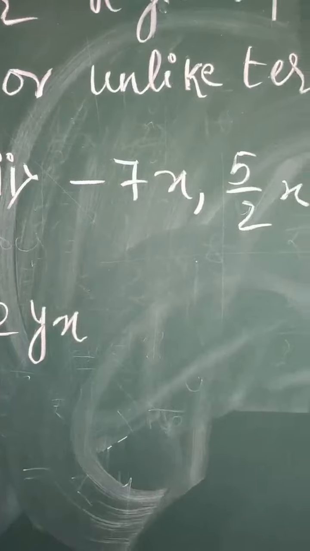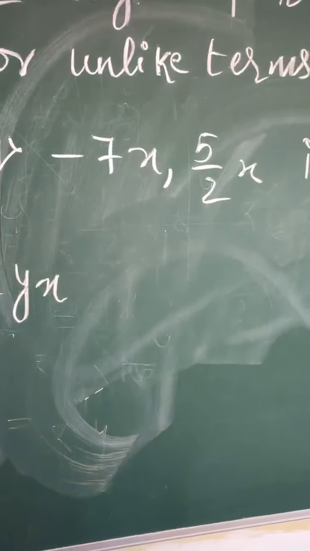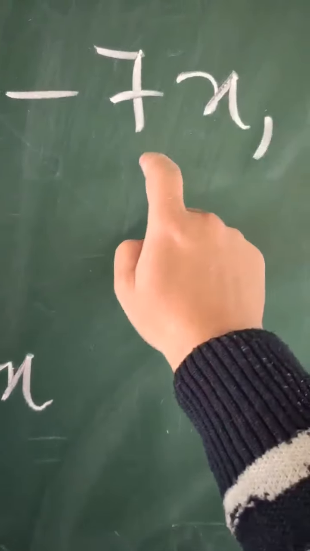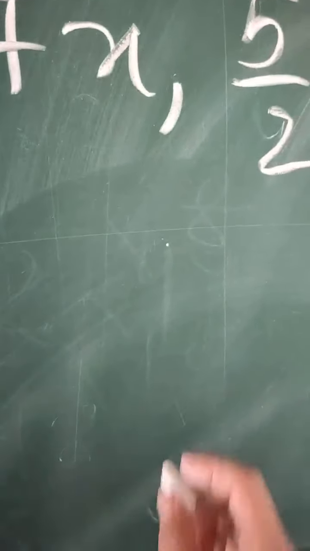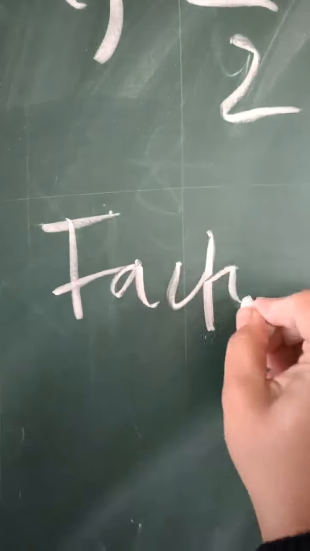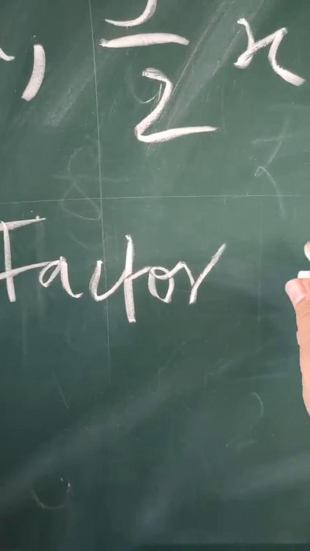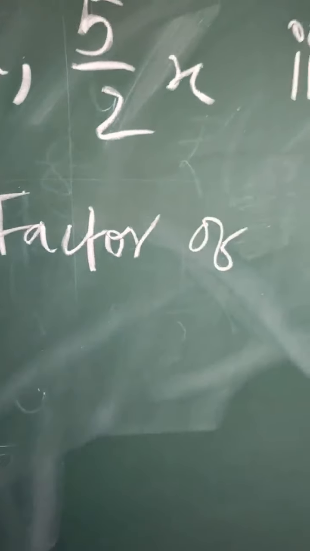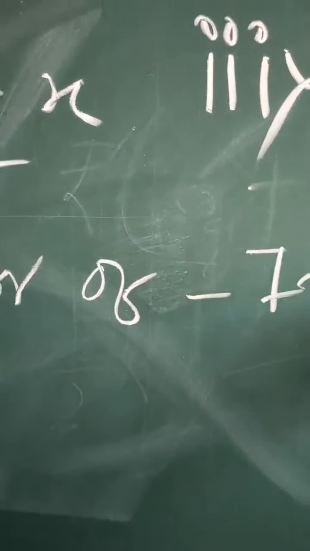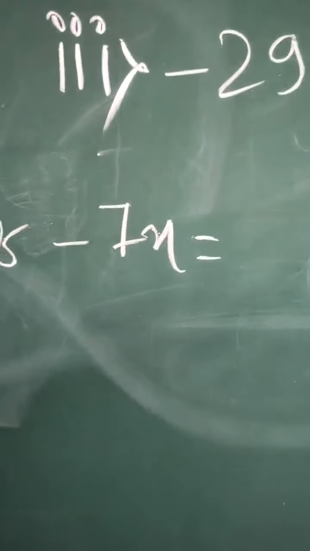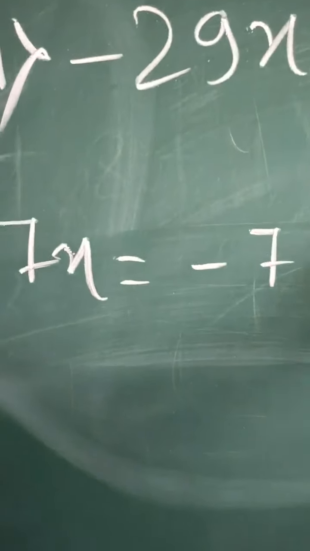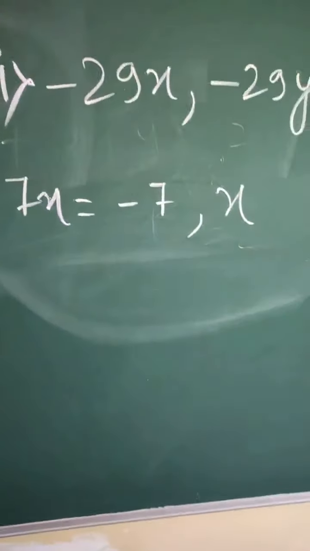Okay, the next one we have is minus 7x, comma, 5 by 2x. The factor of minus 7x will be minus 7, comma, x. You can write the factor like this.